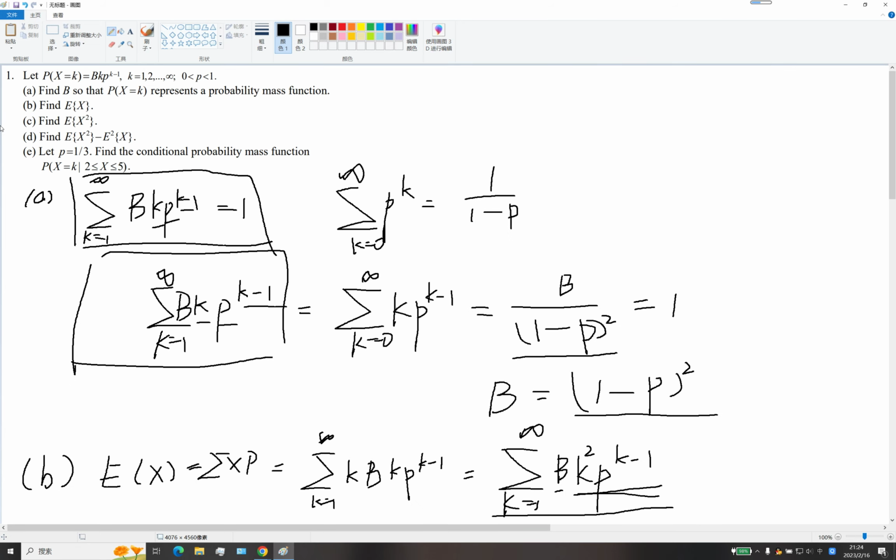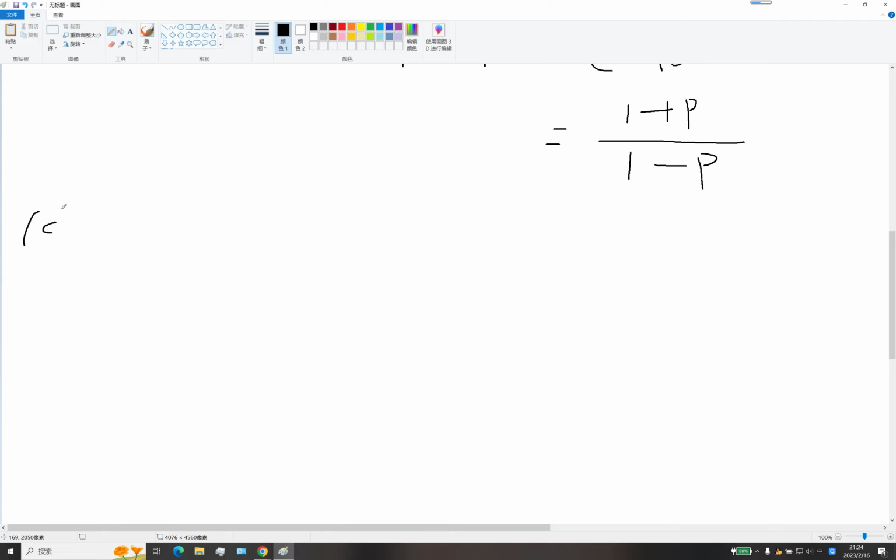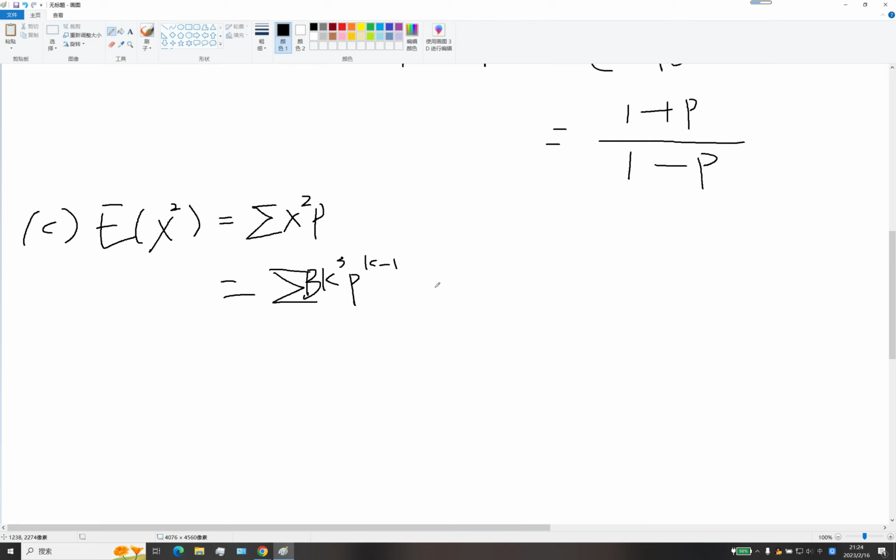Now we look at question C: find E[X squared]. It is just the same as above: x squared multiplied by b, and this is k cubed multiplied by b p^(k-1).